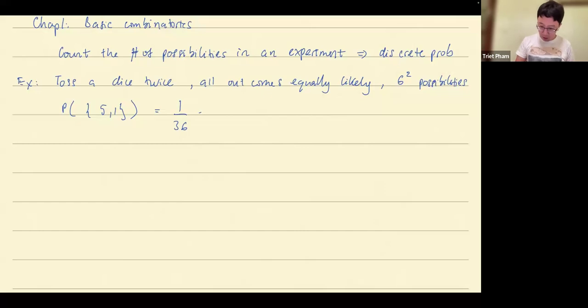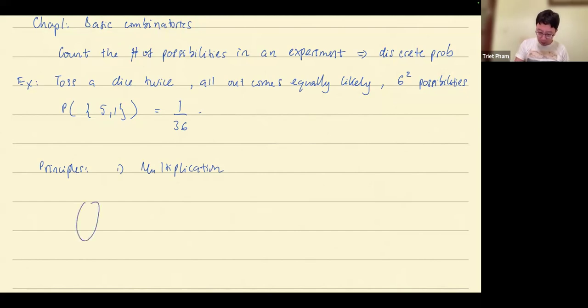Anyway, when we deal with basic combinatorics, we should pay attention to the basic principles. The first one is the multiplication principle, which says something like this.